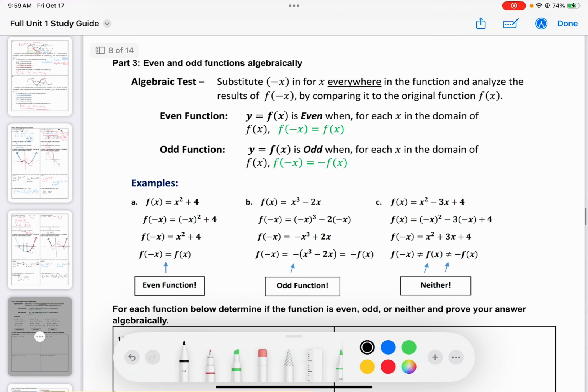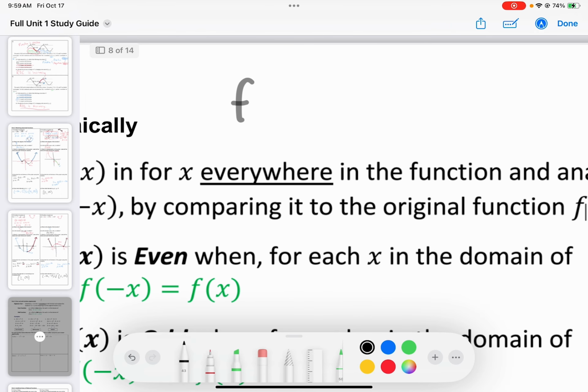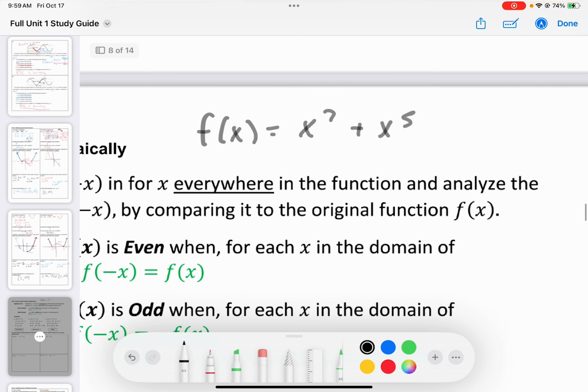All right, even and odd functions. How to show it algebraically. I think this is kind of unnecessary, but the curriculum seems to be pretty into this. We know all the terms have to be odd for it to be odd, right? All terms have to be odd for it to be odd. And all terms have to be even for it to be even.